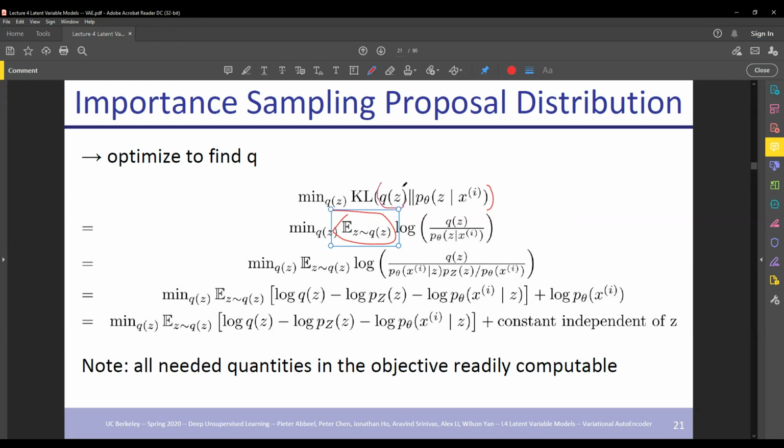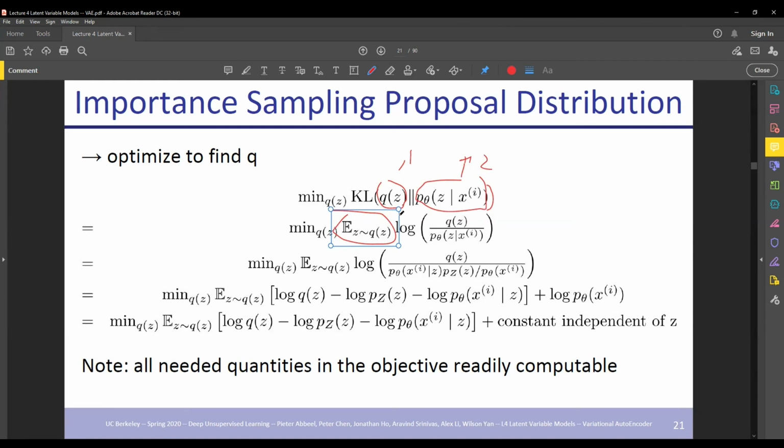So Z sampled from Q of Z, the log of Q of Z divided by P theta of Z given Xi. That's what your KL divergence equation translates to, right?